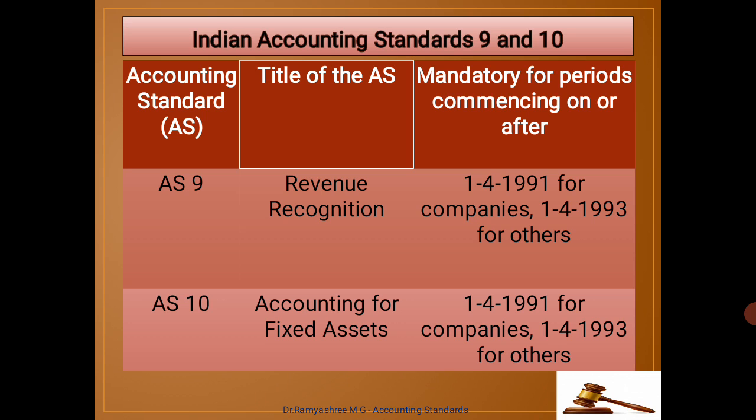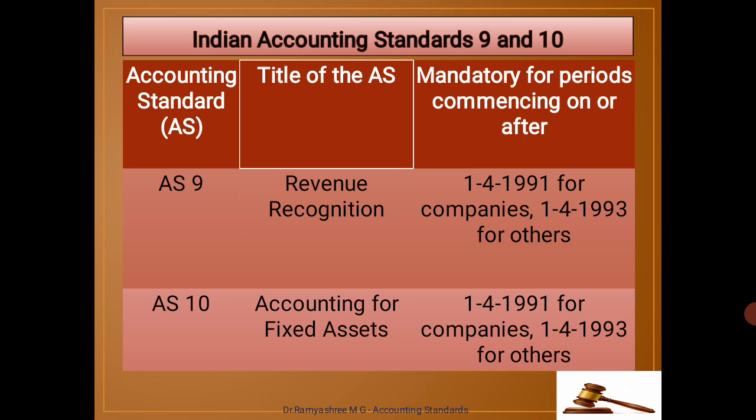This standard deals with the basis for recognition of revenue in the statement of profit and loss account of the enterprise. Revenue is recognized from the transaction of service when the service is performed by the completed service contract method or proportional contract method as the case may be.